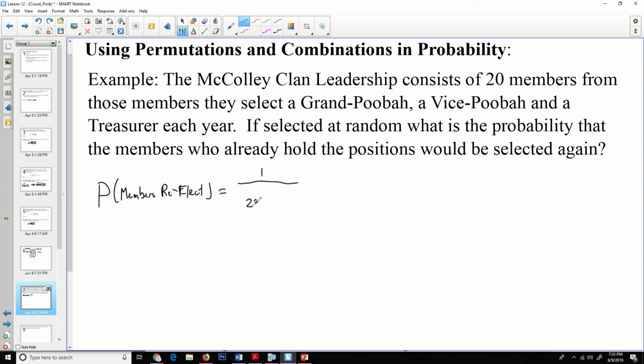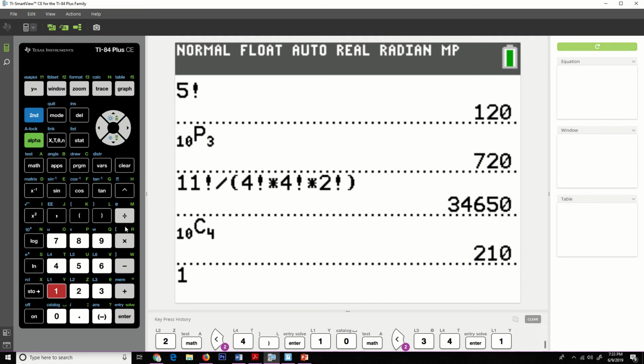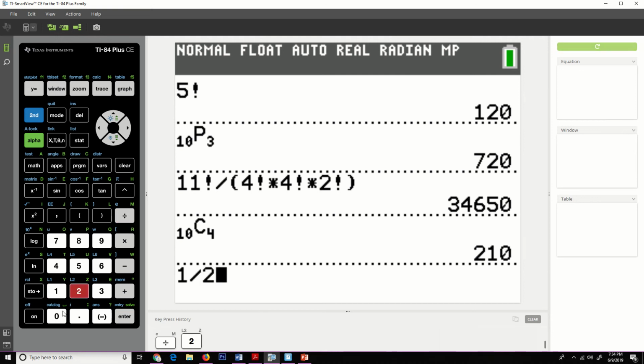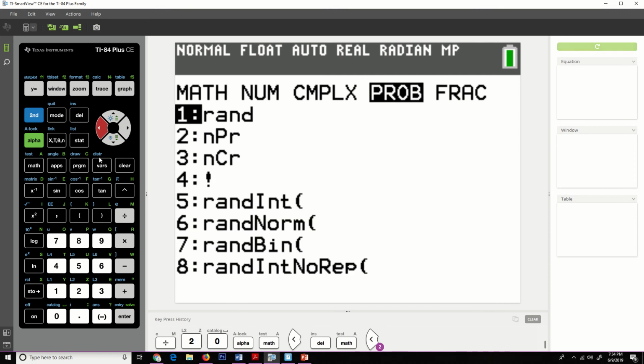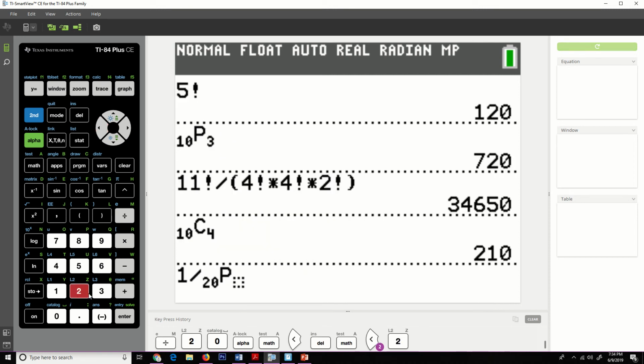That is going to be a permutation of 20P3. And we're going to put that in our graphing calculator. We'll go 1 divided by 20, hit that math button, not the alpha button. Oops, I need to delete that, I did that incorrectly, sorry. Hit that math button, go over to probability, hit the 2, and then we are selecting 3 people.